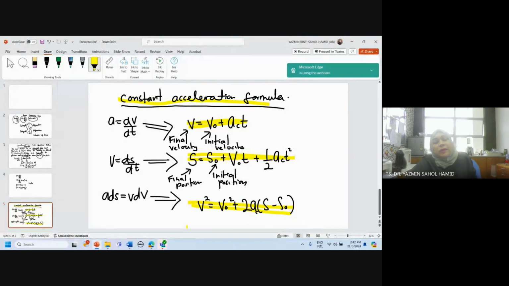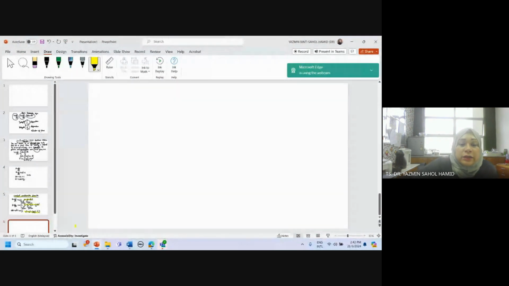So now maybe we can do the exercise that is related to the constant acceleration formula.